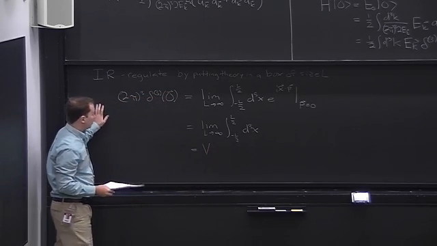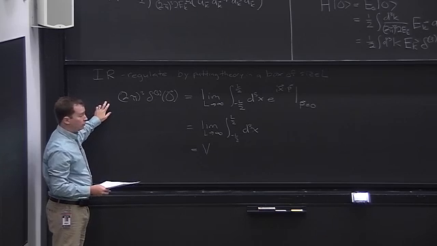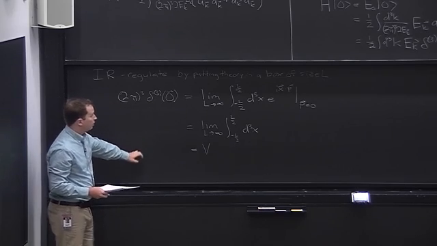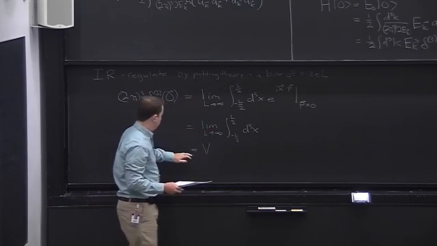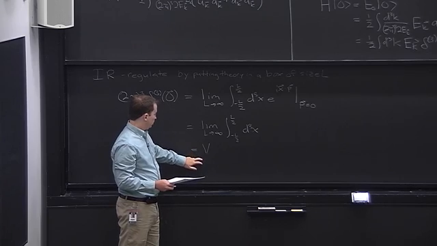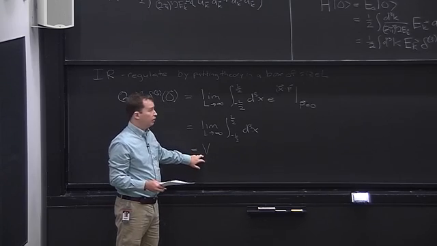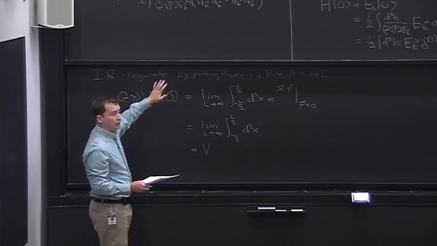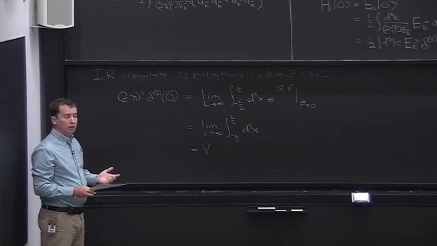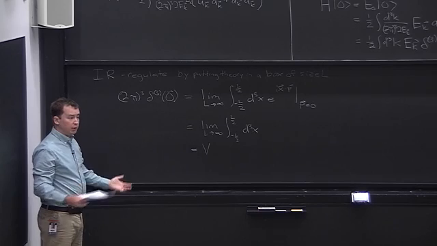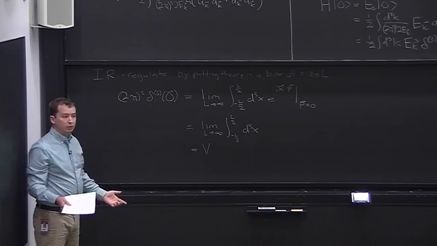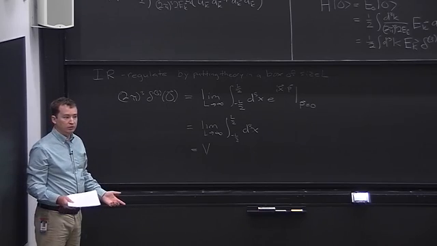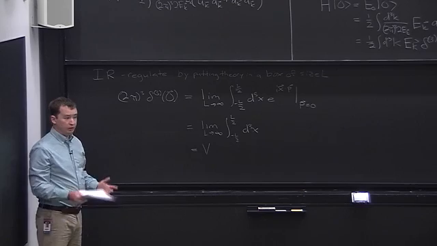So what we can conclude from this calculation is that the energy of the vacuum diverges because we're considering a theory in Minkowski space, and space is infinite in Minkowski space. So of course, we get that the energy of the vacuum is infinite in an infinite space.